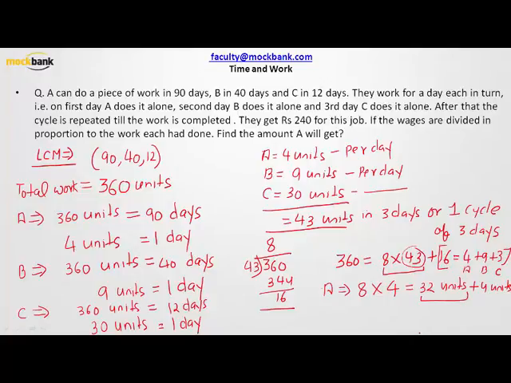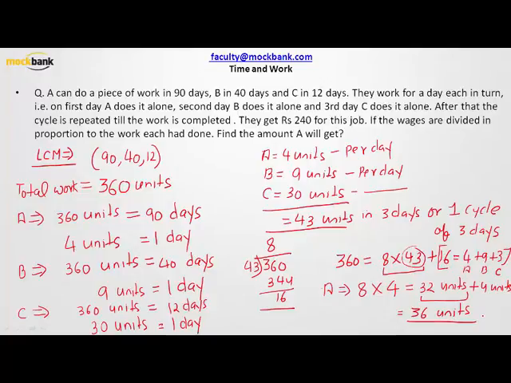This would have been the 25th day because 24 days have already been completed, and then we are starting our cycle with A, and hence on the 25th day A would come to finish his work, and hence in total A would be able to complete 36 units of work.